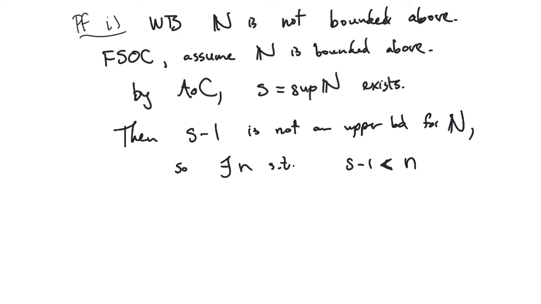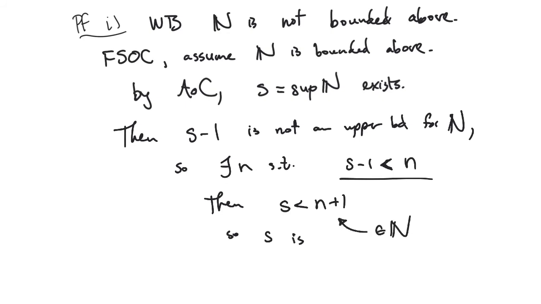If S is the least upper bound, then S minus 1 must not be an upper bound because it is less than S. And if it's not an upper bound, that means there is a natural number bigger than S minus 1. Then you can just add 1 on both sides. S is less than n plus 1. And this n plus 1 is in the natural numbers. So S is not an upper bound, and that's the contradiction.